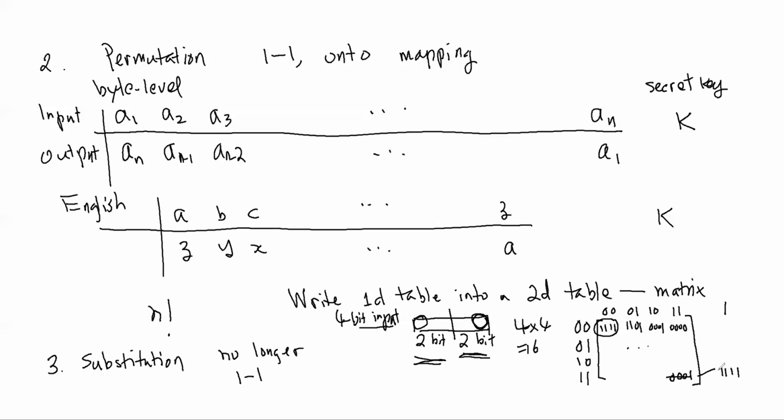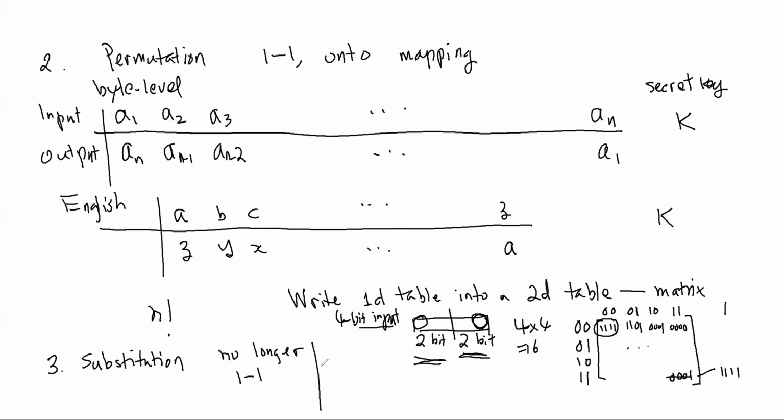So when you look for 0, 0, 0, 0, you get output 1, 1, 1, 1. If your input is 1, 1, 1, 1, you still get the same thing again. So that means it's not reversible. So substitution is not an encryption. Substitution alone cannot be used as encryption.